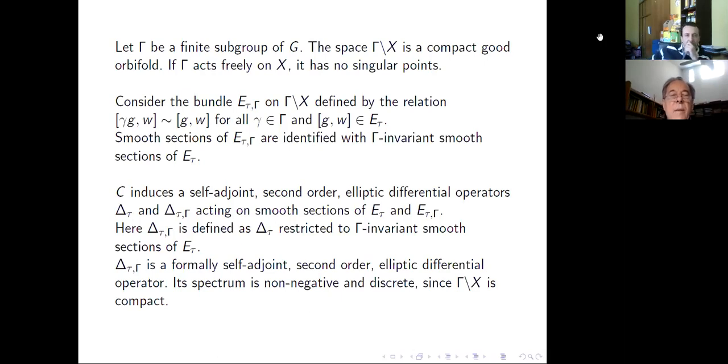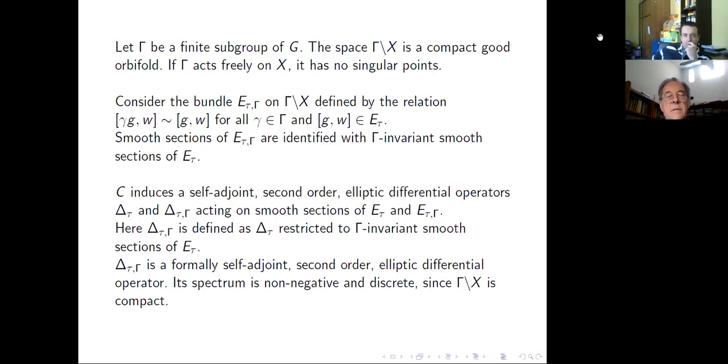So the Casimir element induces a self-adjoint second order elliptic differential operator acting on smooth sections of both vector bundles, E tau and E tau gamma.